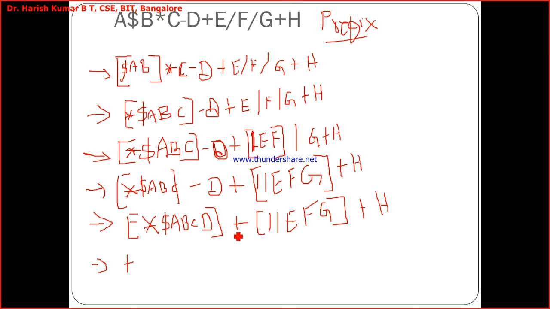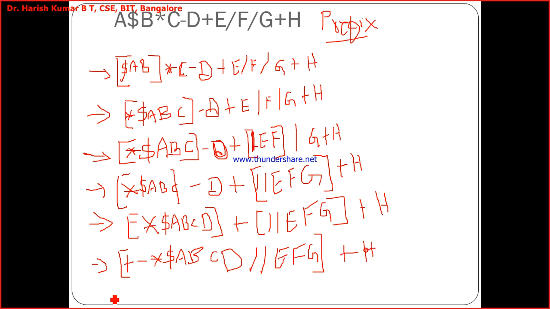This is an operand, this is another operand, this plus is coming here: minus star dollar A B C D and this thing, two slashes E F G. So this all together is one operand now.